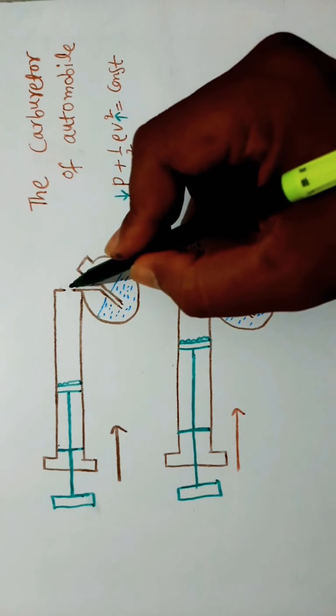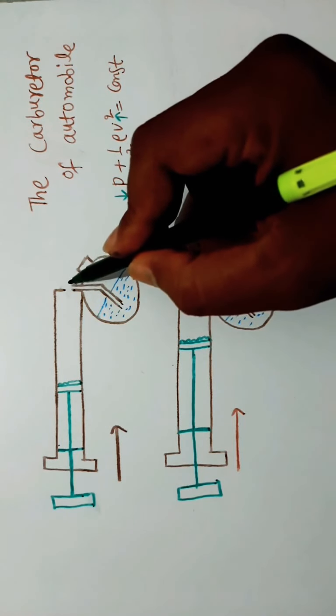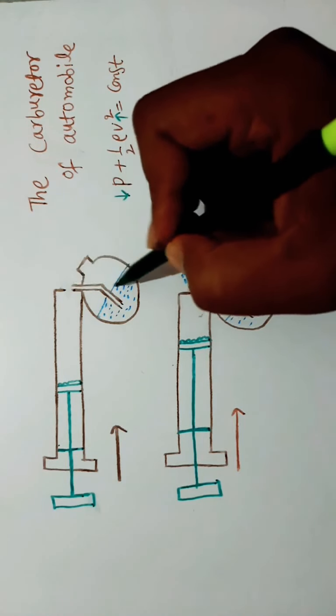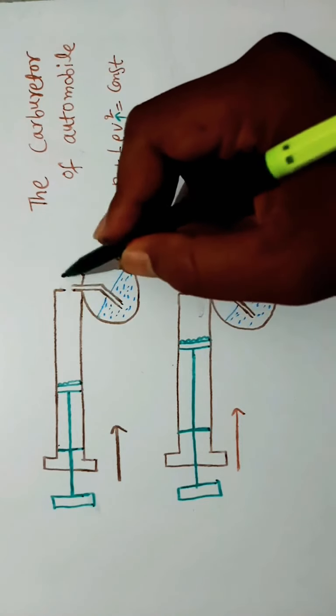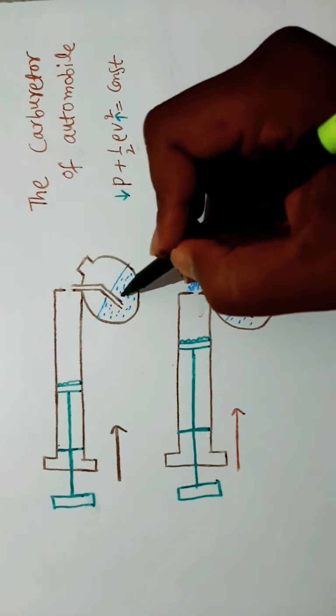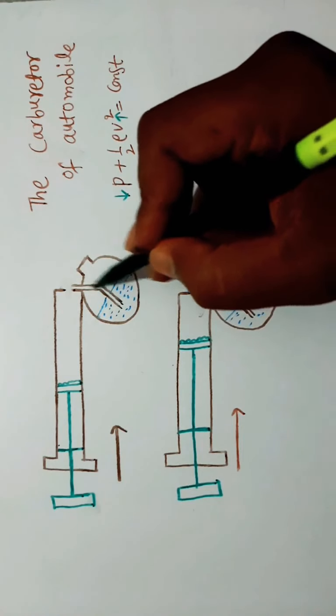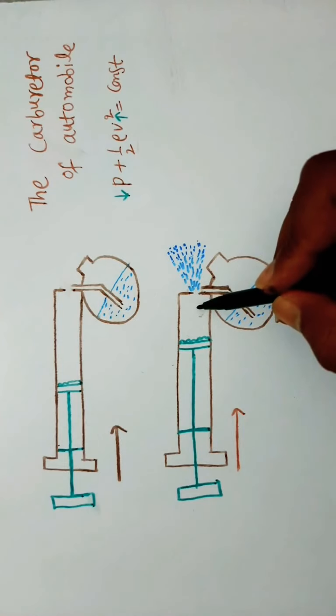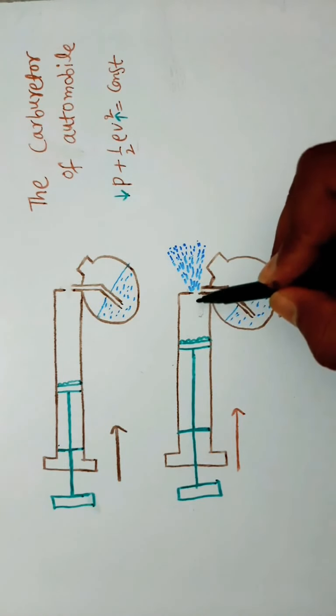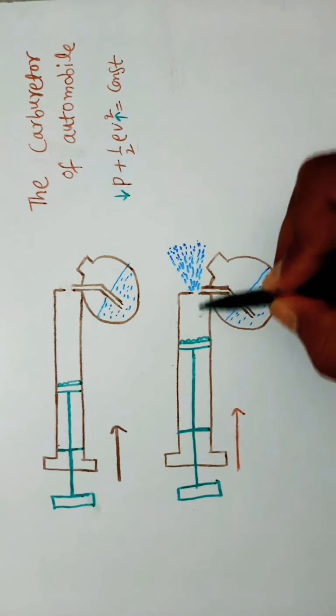So at the nozzle it has low pressure, and elsewhere it has large pressure. Due to this pressure difference, the liquid comes out into the chamber and comes out with air.